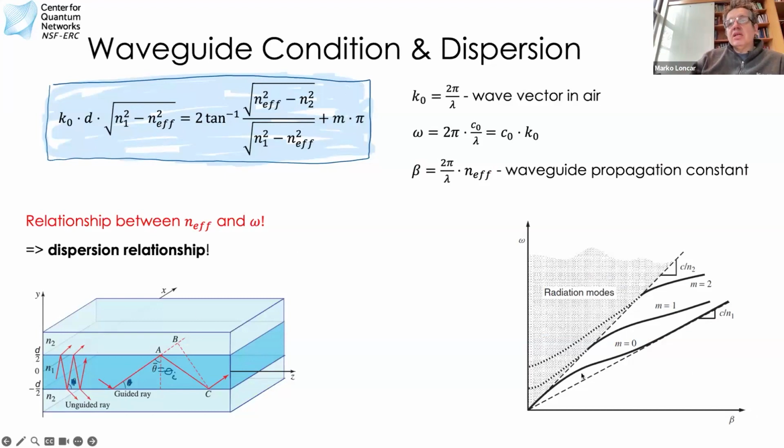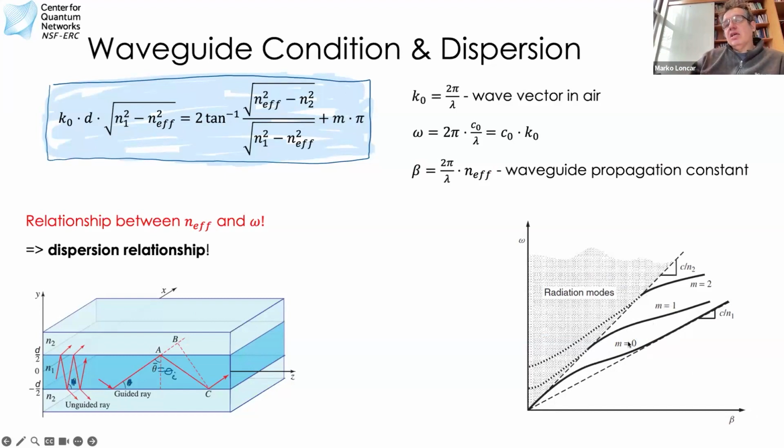So what you can see is that in free space, these modes were straight lines. In medium 1, which had the higher refractive index, light propagating had this kind of dispersion relation. Light propagating in medium 2 had this dispersion relation, but when you put the two together, these dispersion curves actually bend, okay?